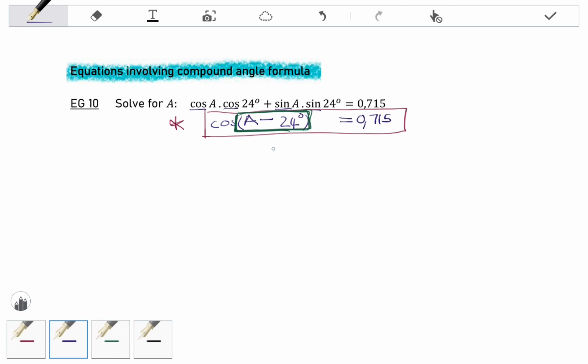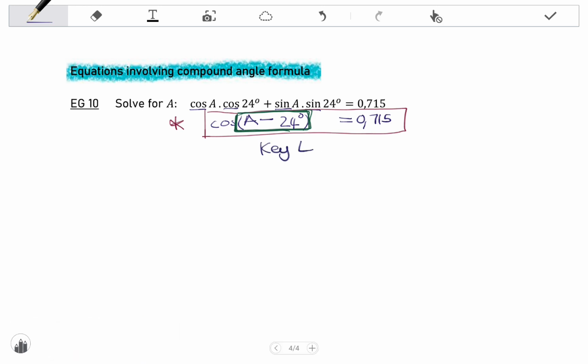My key angle I find by putting arc cos 0,715 into my calculator, and that gives you a value of 44,4 degrees. Now our quadrants are where cos is positive, so that will be quadrant 1 and quadrant 4. In quadrant 1, my angle is A minus 24 degrees.